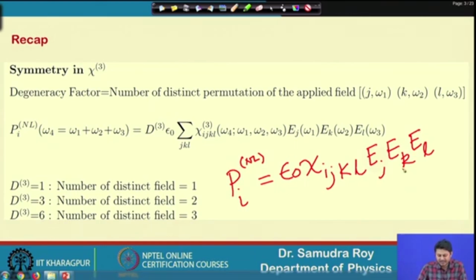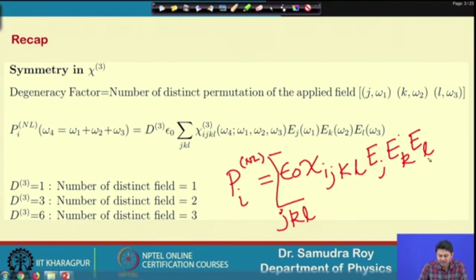Now, when I write E j E k E l and i j k l here, these are the repetitive indices. So, we know that repetitive indices means there should be a summation sign over here, over j, k and l. Now, the question is, if this has frequency components omega 1, omega 2 and omega 3, and these three things are multiplied together, and j, k and l are distinguished, then what happens?